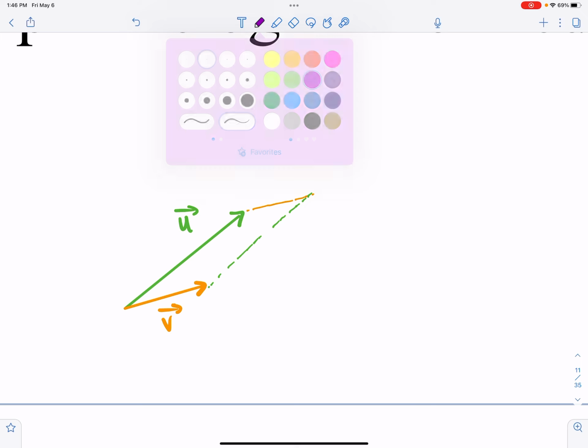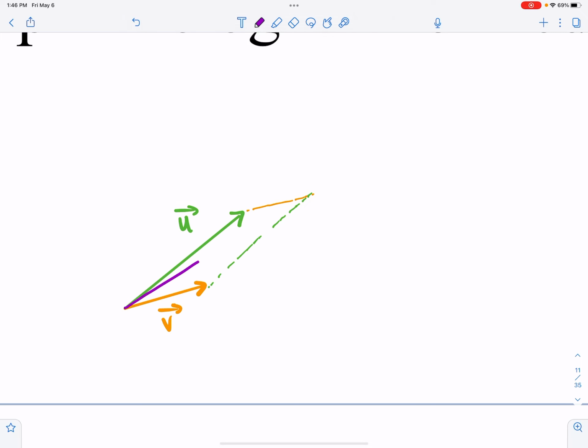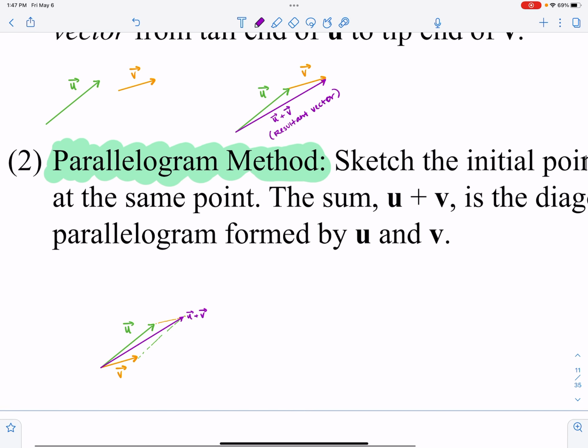The resultant vector would be this diagonal. So this would represent the vector u plus v. Okay, and you can see how they would be the same.